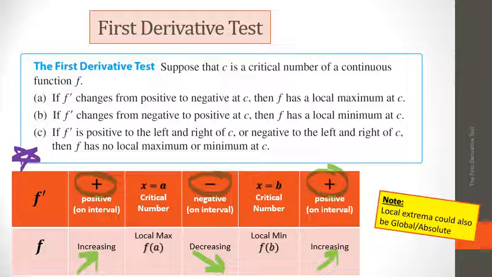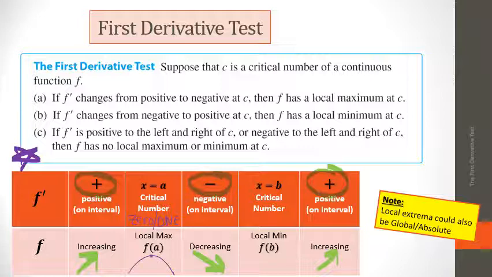But if you do have a max or min, let's talk about when that happens. So when x equals a is a critical number, remember a critical number is when your derivative is either 0 or does not exist, d.n.e. But if your function is going from increasing to decreasing, that's how a local max occurs, because you're going up and then you're going down.